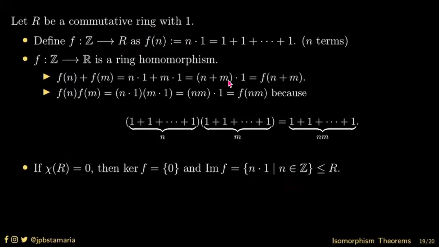Right? So what does the first isomorphism theorem say? It implies that Z modulo the kernel is isomorphic to the image.